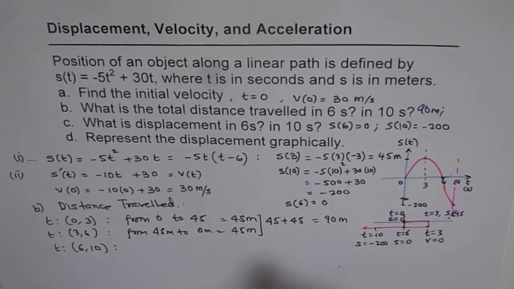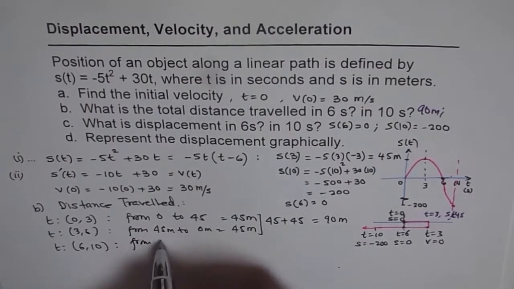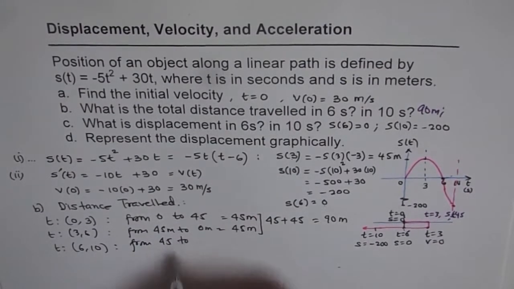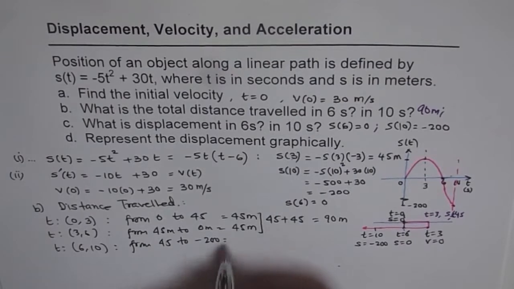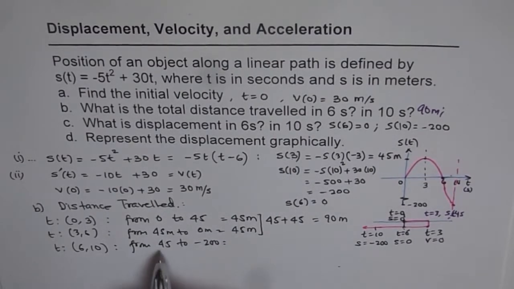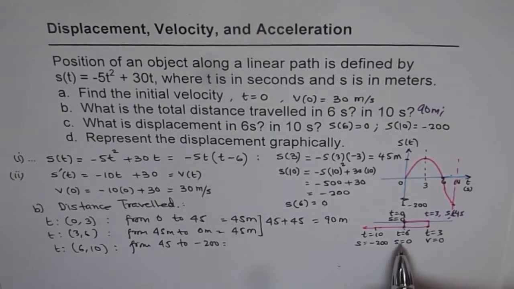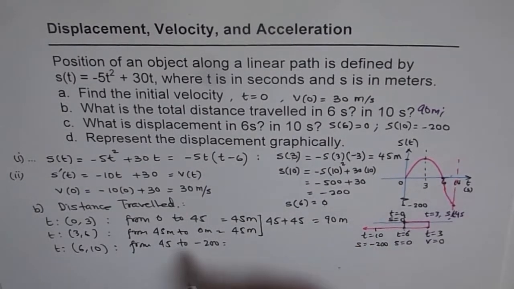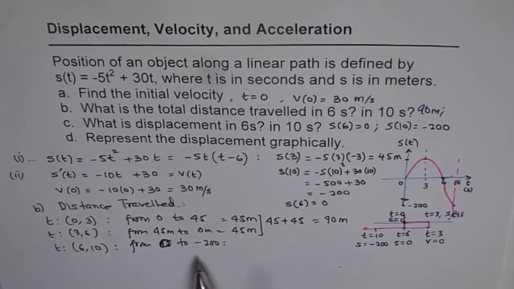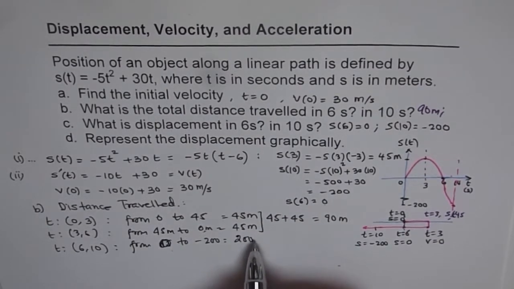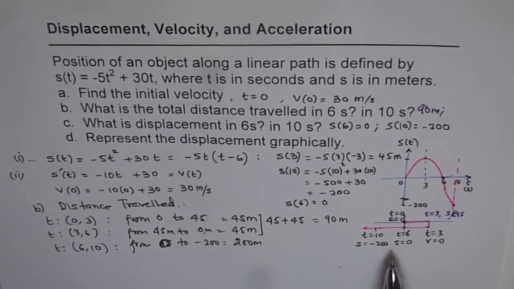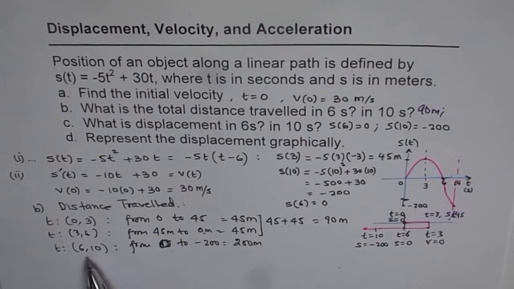So the displacement at 6 is 0. So it is from 0 to minus 200. So the distance covered is the difference of these two. Do you understand? So it's a difference of 200 meters, correct? So it travels another 200 meters in these 4 seconds.